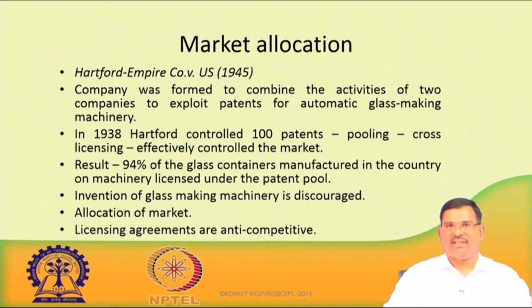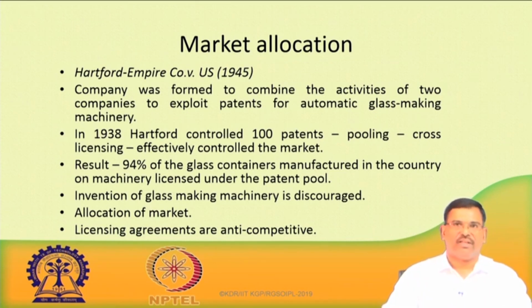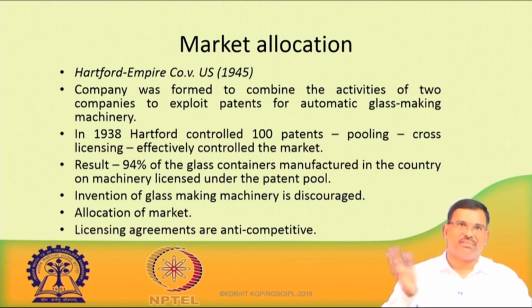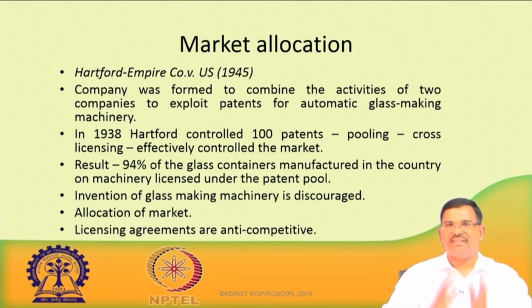Absolutely, if one company is controlling 100 patents through pooling and cross licensing, they do not want anybody to come into their business. So, the question was whether they were discouraging anybody from coming into the market in making glass machinery. At the same time, through these licensing agreements, whether they were allocating the markets, and whether these licensing agreements were anti-competitive in nature.